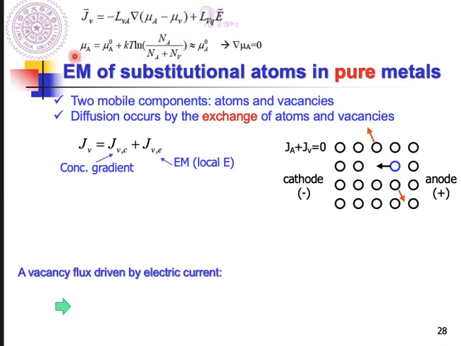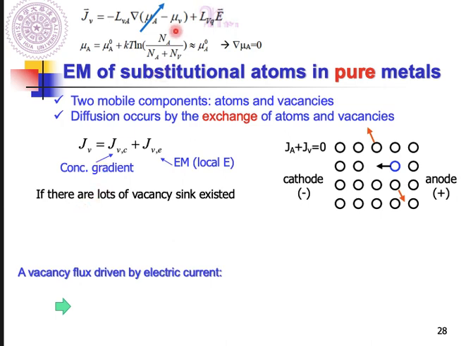So here we get mu_A equals mu_A0. So in this case, we know the chemical potential gradient actually equals 0. So based on this, we have some idea that the vacancy flux is contributed from the electrical field or electrical potential we apply on these materials.